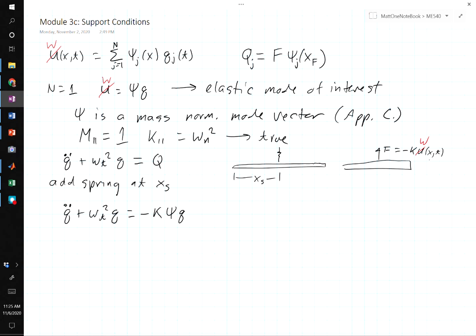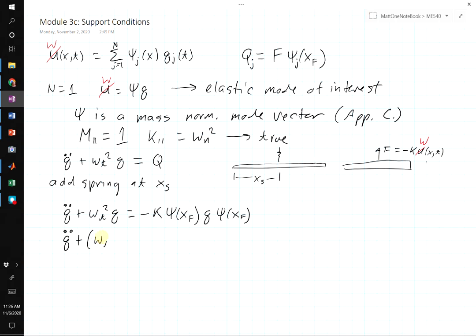This would also have to be at the point where the force is attached. Psi of xf times q, and then we multiply by psi of xf again, and this would now be our equation.